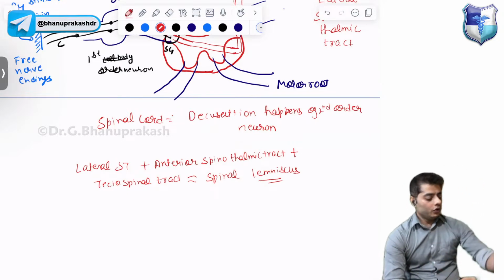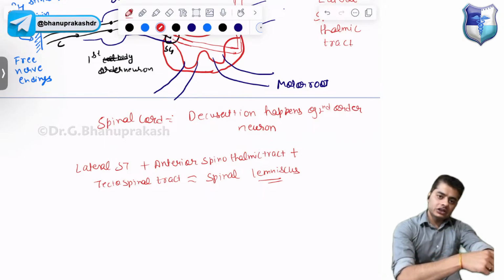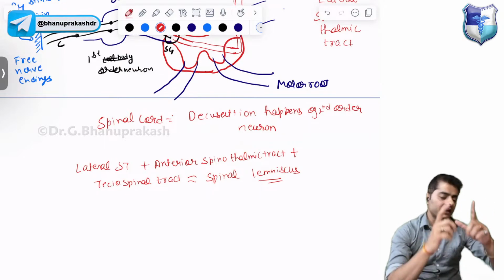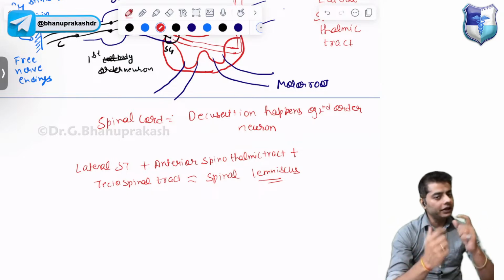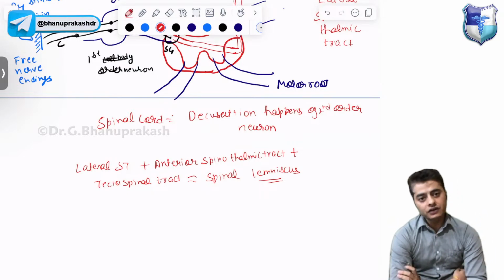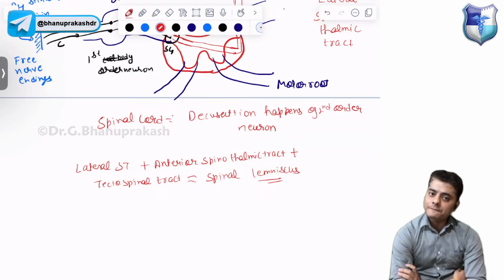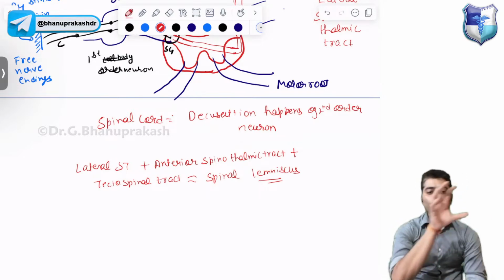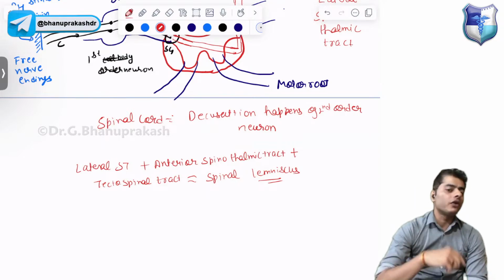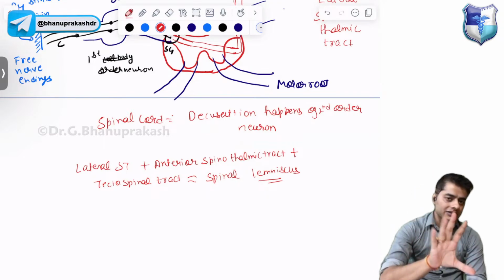So till now, any kind of stimulus, the free nerve ending will carry this pain. This pain will be carried by A delta and C fibers. A delta and C fibers will terminate at DRG. From there, first order neuron will arise. This first order neuron will go into a special area of spinal cord known as substantia gelatinosa. From there, second order neuron will arise.